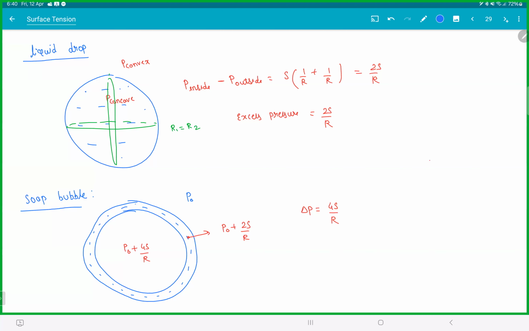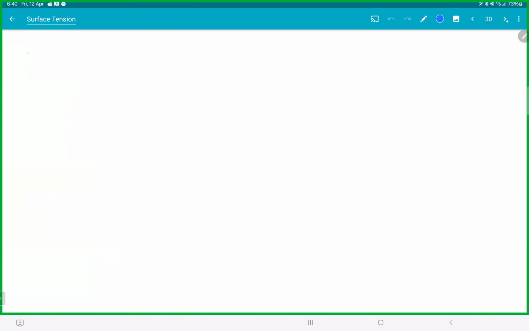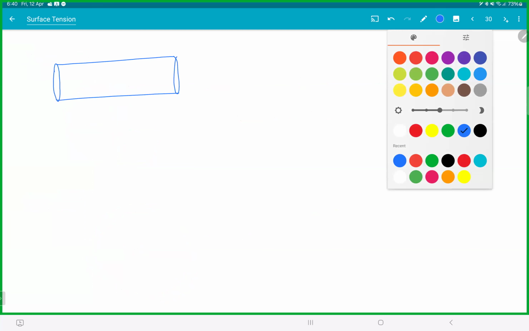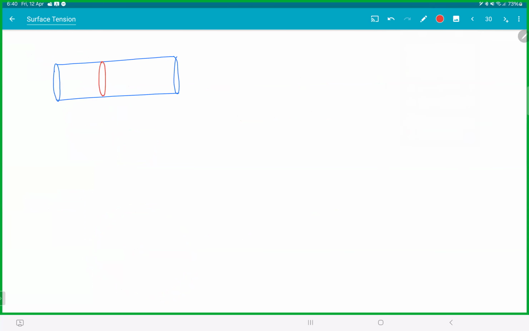Now, if I take some other shape, for example a cylindrical bubble, so if you take a cylindrical surface, this is one radius of curvature, this is another radius of curvature. So here R1 is R, R2 is infinity. Getting it?